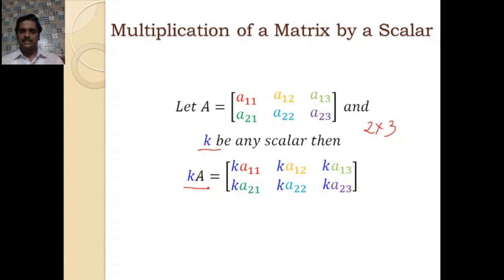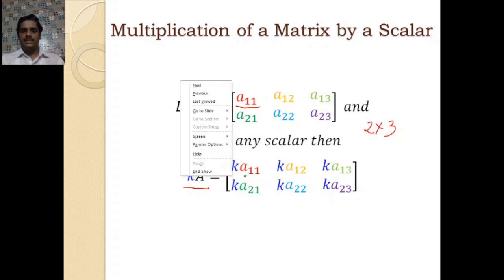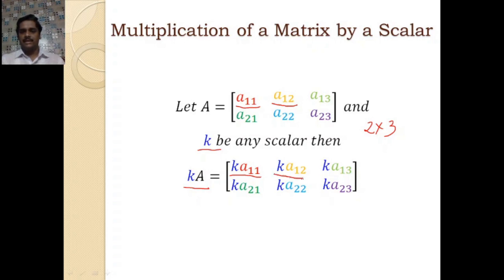How to multiply a matrix by a scalar quantity K? We need to multiply each element of A by K. The first element was A11, so you have to multiply it by K to give you K times A11. Similarly, you have to do it with the rest. A12 multiplied by K gives K A12, A13 multiplied by K gives K A13, and like that for the other elements also. It's easy. I'll show you the GIF image again.